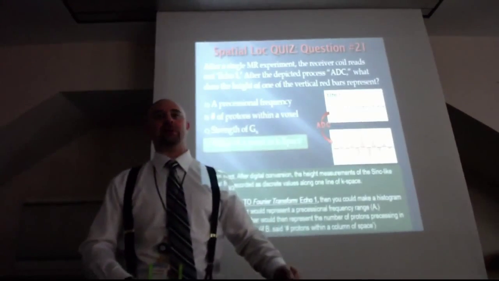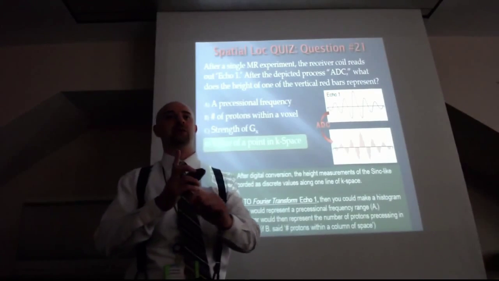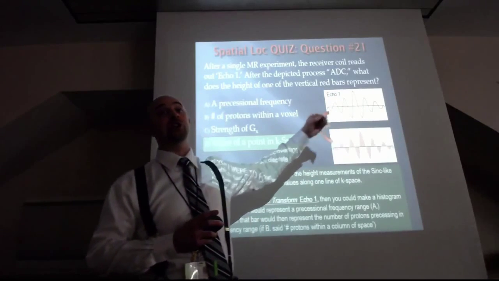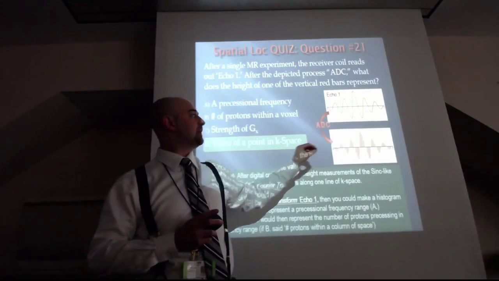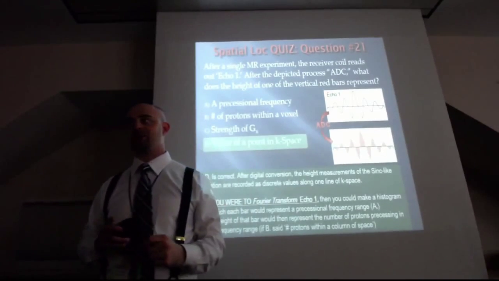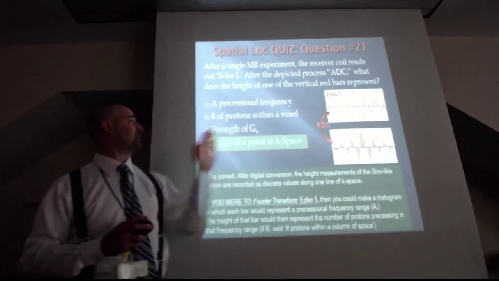End of experiment. You do another MR experiment with a different phase encoding gradient. Same frequency encoding gradient, now you have a slightly different echo. You digitize that echo, then you enter these heights as the individual numbers into the second line of k-space. Okay? So that's why the height is the value of a point in k-space.